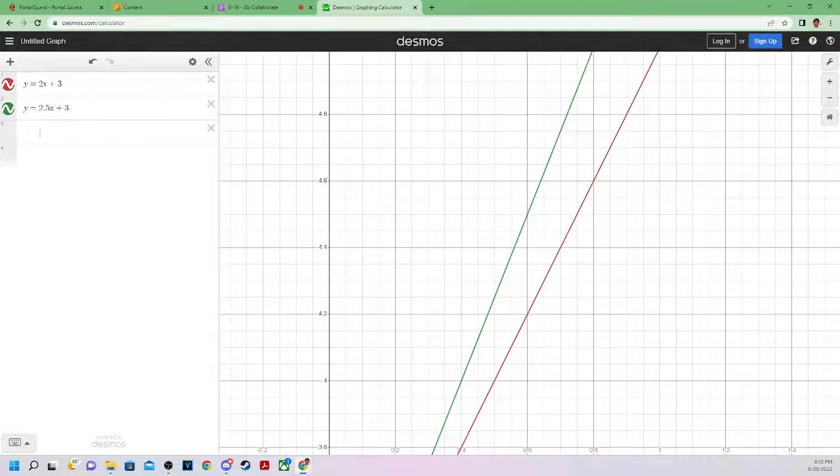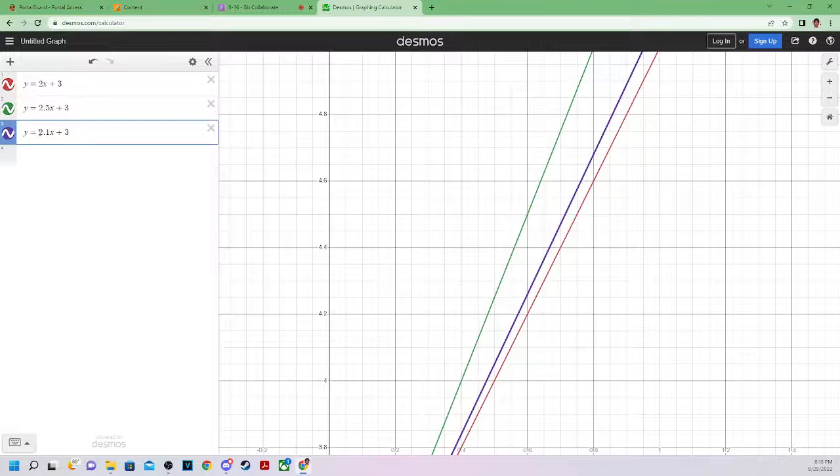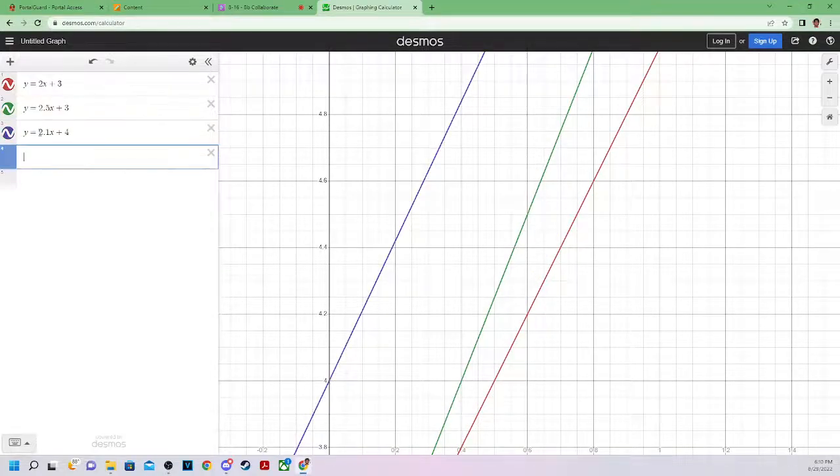Yeah, this is good. And then y equals 2.1x plus 3. Well, let's do plus 8. That's too far. 4. And then the last one we're going to do is y equals 2x plus 6. Boom. All right. Take a look at the red equation right here.